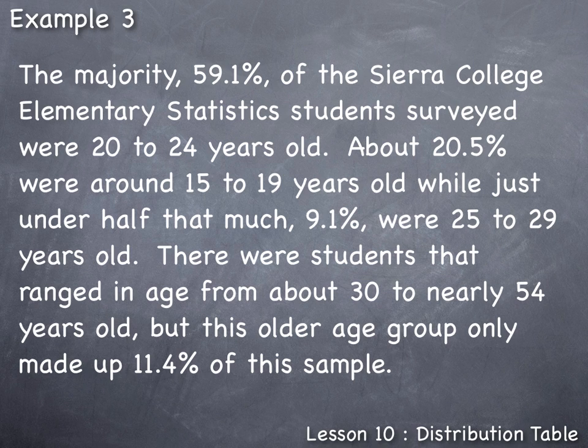There were students that ranged in age from about 30 to nearly 54 years old, but this older age group only made up 11.4% of this sample. This description is accurate and perfectly fine to give, but you notice it is quite convoluted and maybe difficult to follow. If we were to turn to the language of statistics, we might come up with a better way of describing this result.